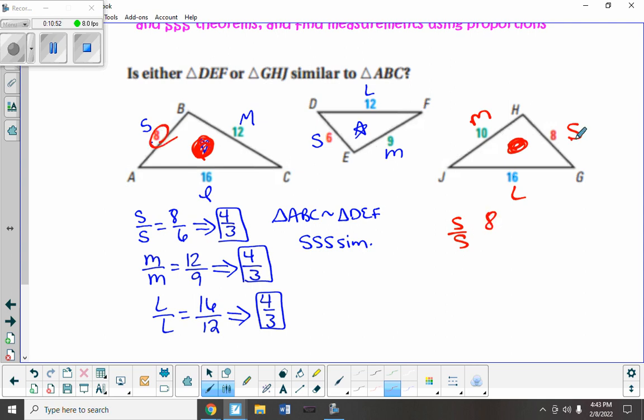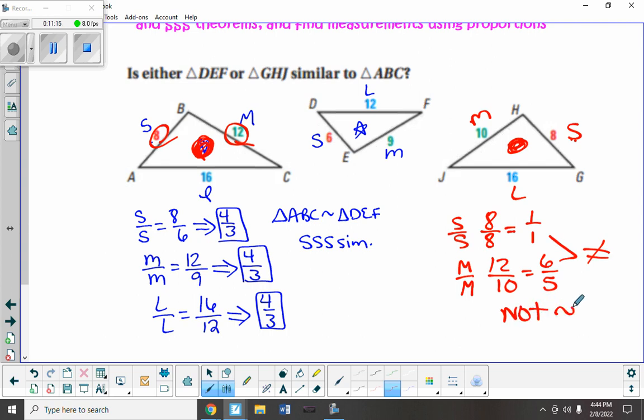In the third triangle, it's 8. 8 to 8, which is 1 over 1, or 1. Now let's compare the medium to the medium. So in the first triangle, the medium is 12, and the medium here is 10, which is 6 to 5. And these are not the same. They're not equal. So these two triangles, the first and the third, are not similar.